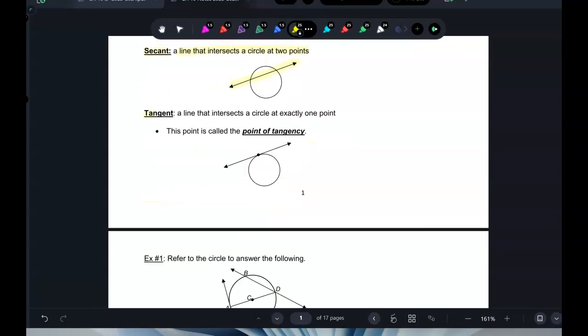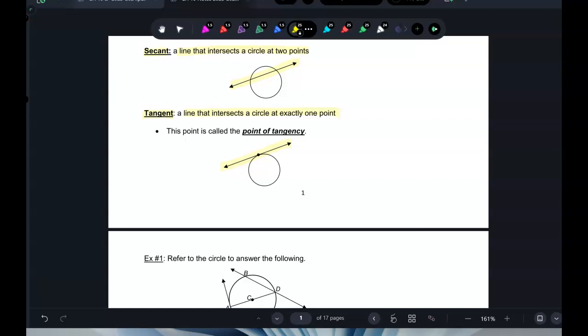And lastly, we have a tangent. This is not the same as sine, cosine, tangent. This is a different tangent. A tangent line intersects a circle at exactly 1 point. If you've ever heard of someone going off on a tangent, right?